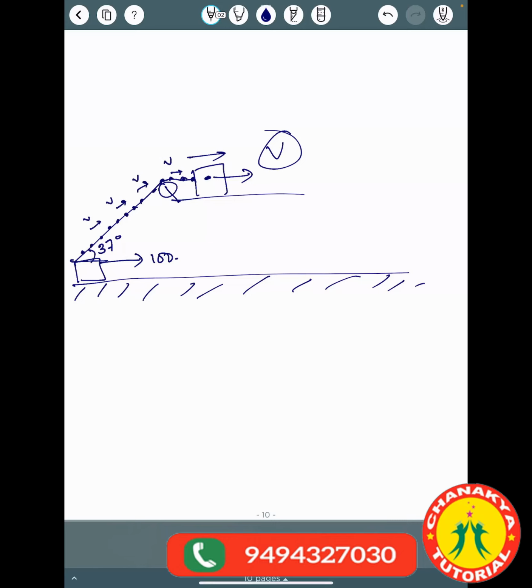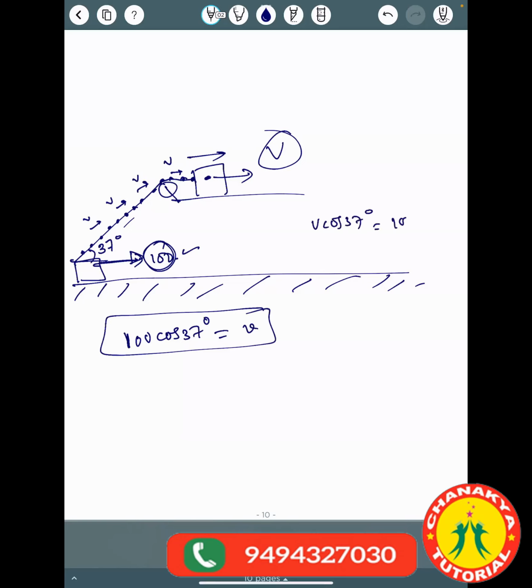That means this velocity component along the string should be equal to v, right? What is the component of this 100 along the string? 100 cos 37, right? That should be equal to v, because if they differ, then the string will break. Sometimes what people do, they make v cos 37 degrees equal to 100. That is wrong. Now what you are doing, velocity along the length, you are breaking in some other direction. You should not make that mistake.